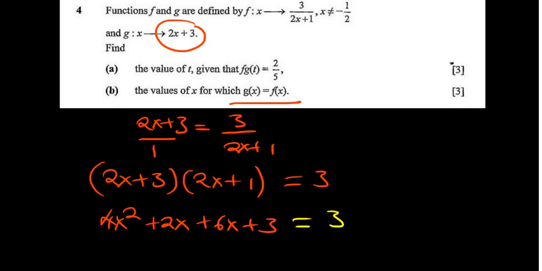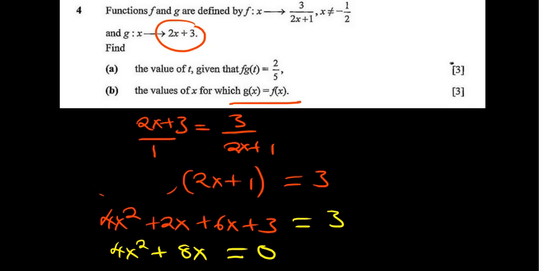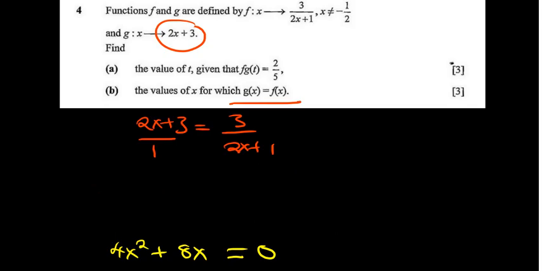Any like terms we have, so we have 4x squared, 2x plus 6x, that's 8x, and then 3 minus 3, that's going to be a 0. So this is where we are at this point. So we can factor out 4x, you remain with x plus 2.